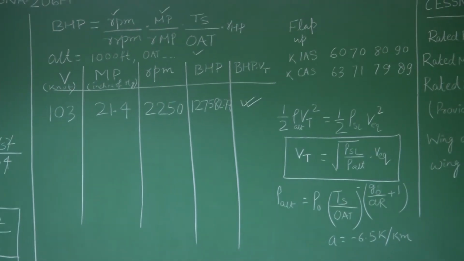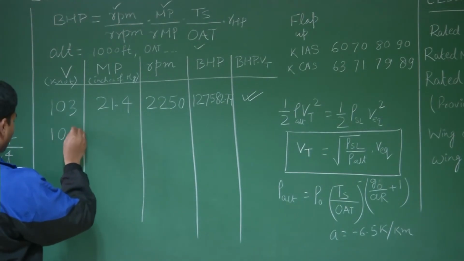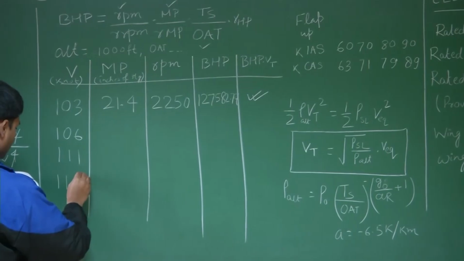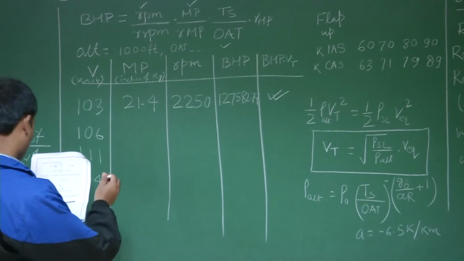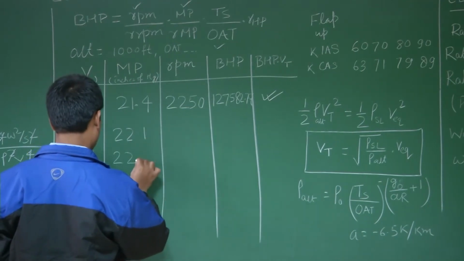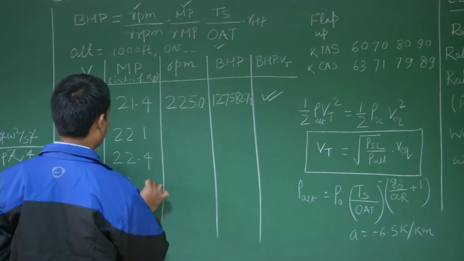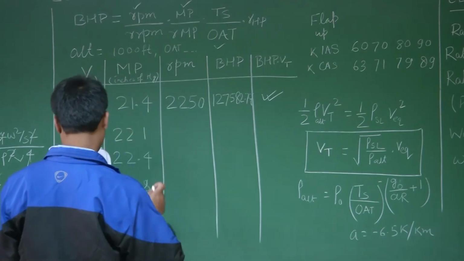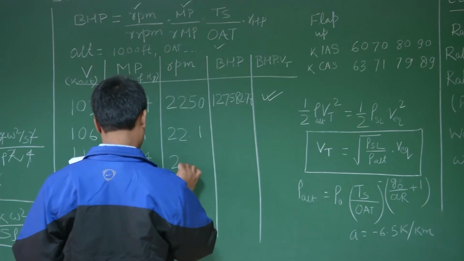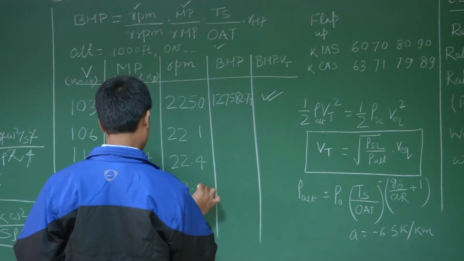I'll write down the numbers so that you can appreciate those readings: 103, 106, 111, and 114. Then 21.4, 22.1, 22.4, and 22.8. The RPM readings were 21.1, 22.4, and 22.8.